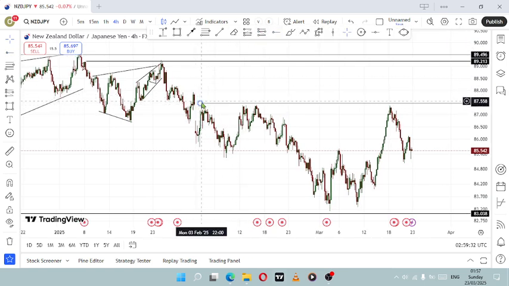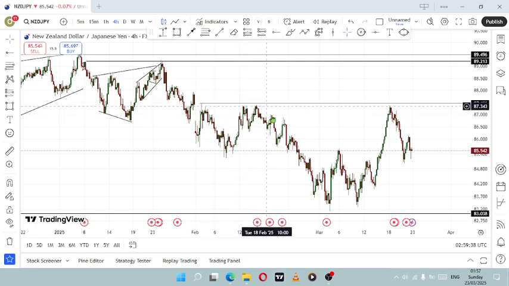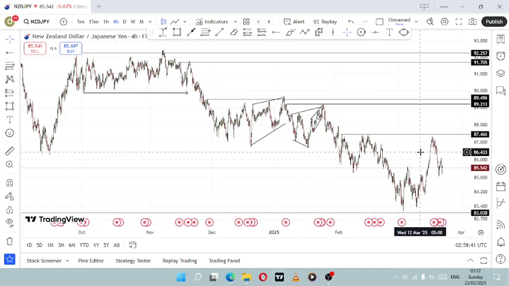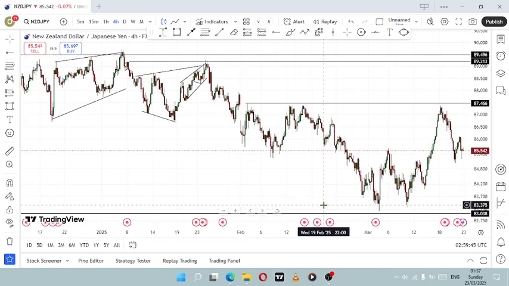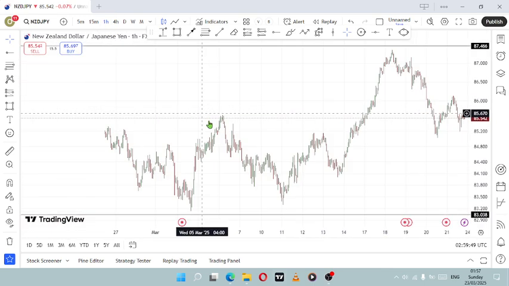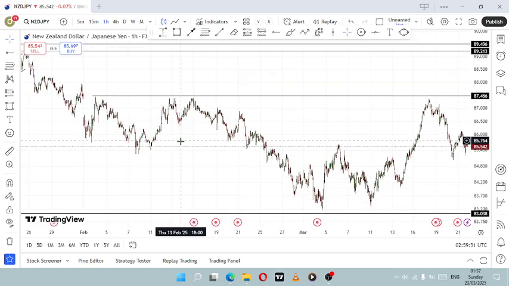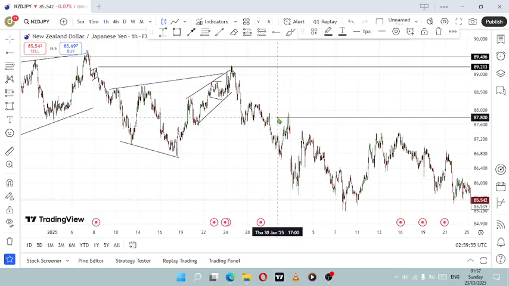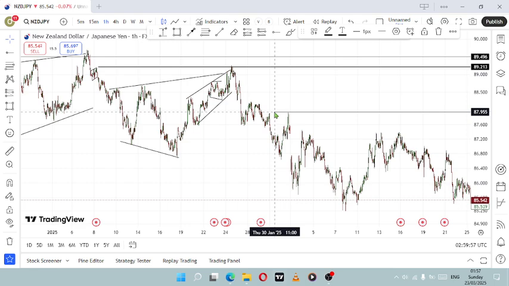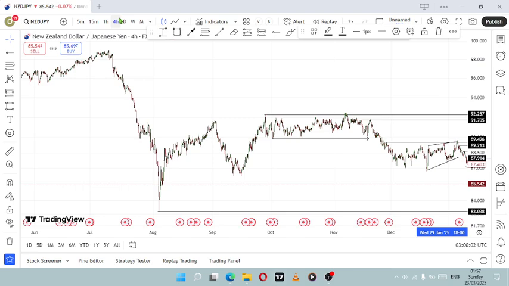So here we have an area where I position, more volume. We have a gap. Okay, so this is the structure I've missed. But on the 4 hour, I can see it's on the 4 hour too.